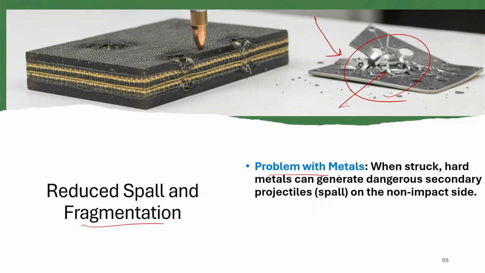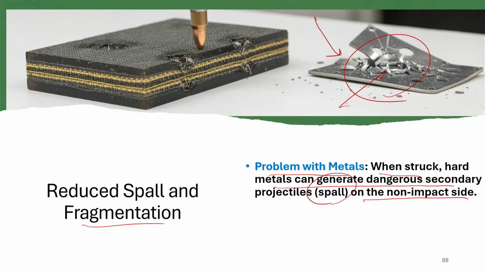So, the problem with metal is that when struck, the hard metal can generate dangerous secondary particles. So, spall will be there on the non-impact side.